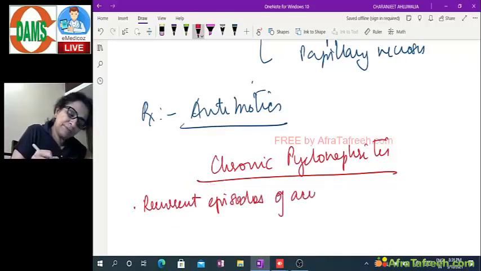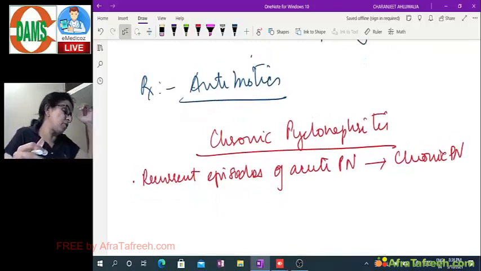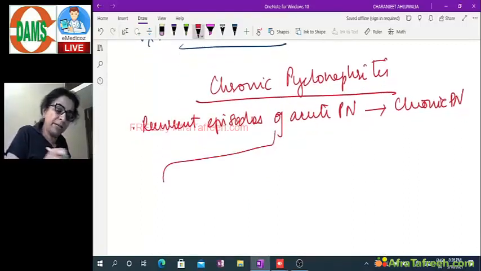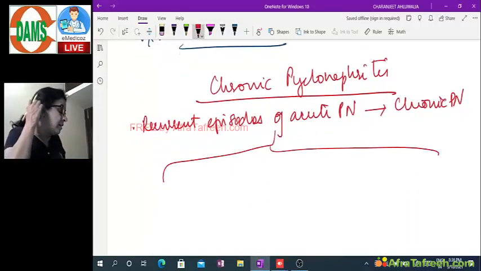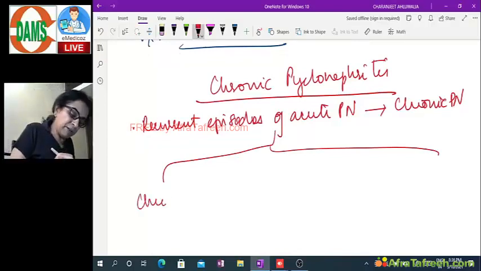Recurrent episodes of acute can progress to chronic. And in chronic pyelonephritis, there can be two predisposing causes. Number one, chronic obstruction, so chronic obstructive pyelonephritis.